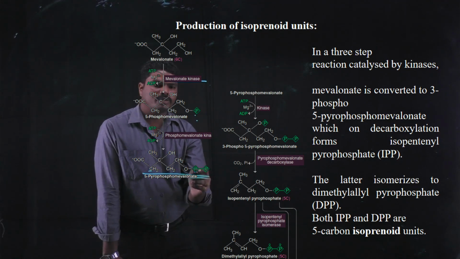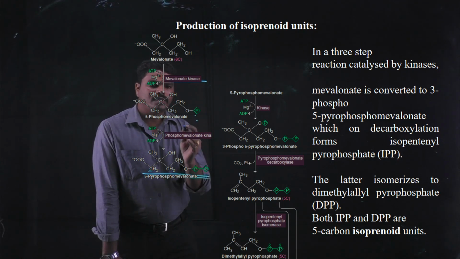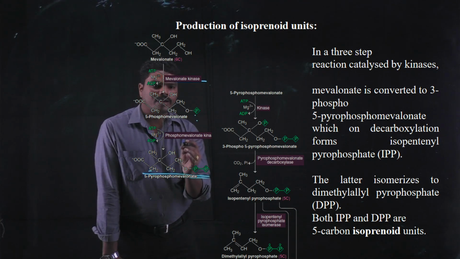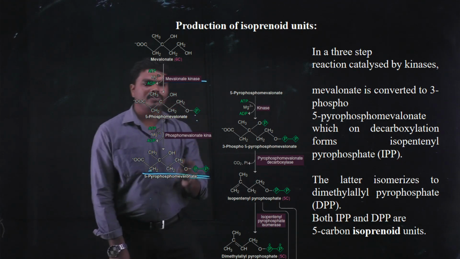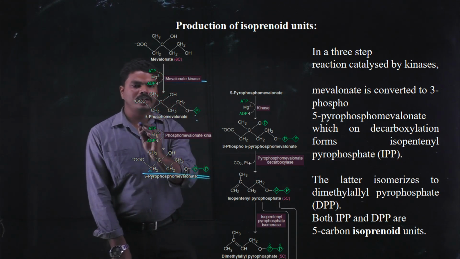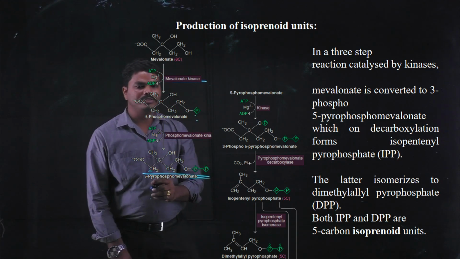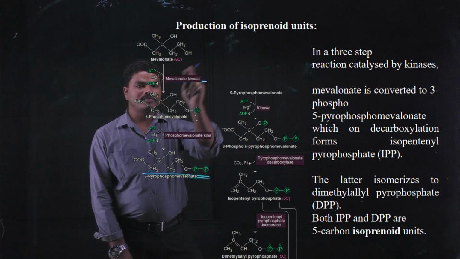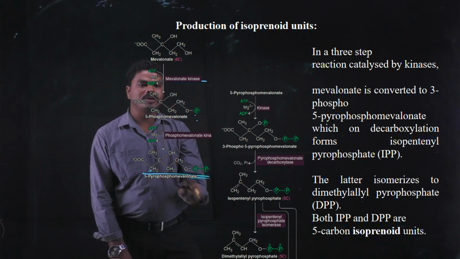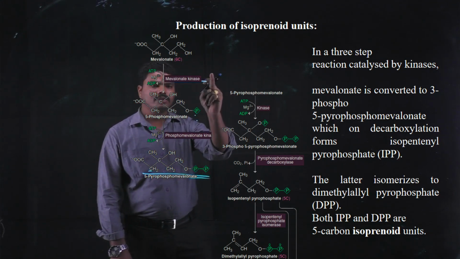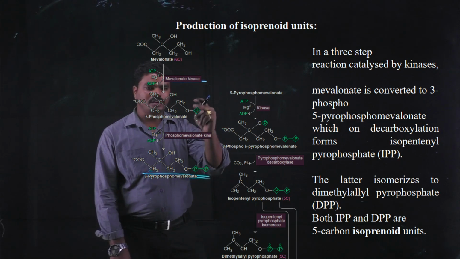This reaction is catalyzed by phosphomevalonate kinase, an enzyme. For this reaction also 1 ATP is required. So first the mevalonate is converted into 5-phosphomevalonate, then it is converted to 5-pyrophosphomevalonate. That means a phosphate group is attached in each step.